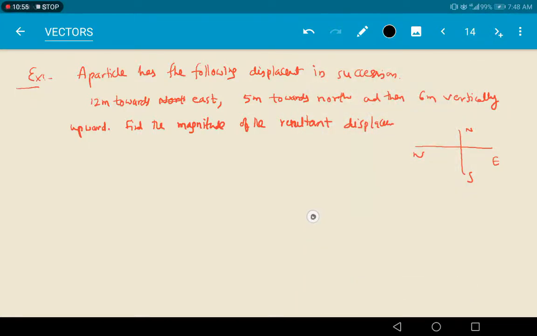First 12 meters towards north. So this is our coordinate system, for suppose.